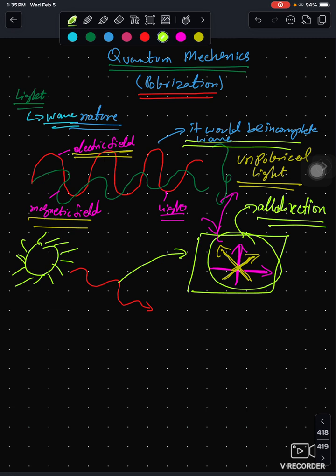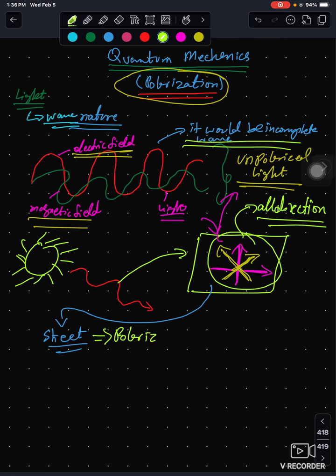Now, polarization means that we pass the light through a certain sheet. The sheet is known as a polarizer, no wonder, or it's also known as a polarized sheet.